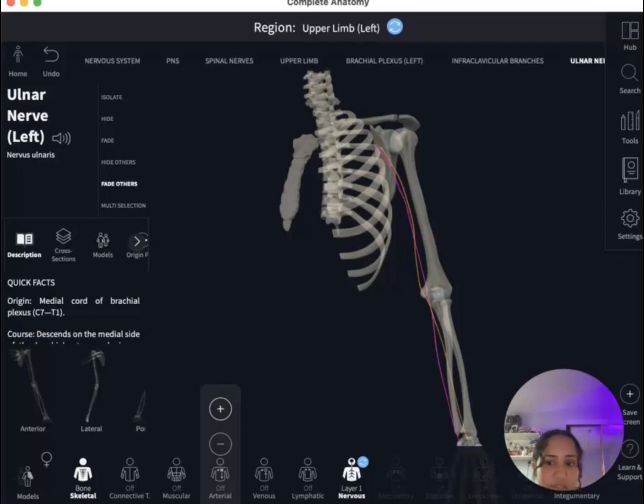The insertion would be the skin along the medial part of the hand, and then the action would be the wrinkling of the skin from hypothermic immersion, just when it's in water, and it would assist in gripping. And then the ulnar nerve is also contributing to the superficial cutaneous branch of the ulnar nerve.